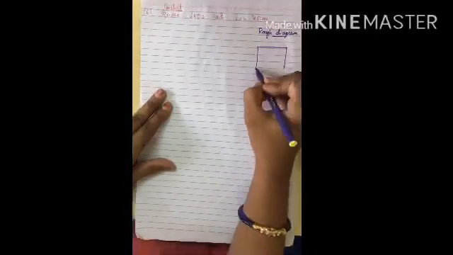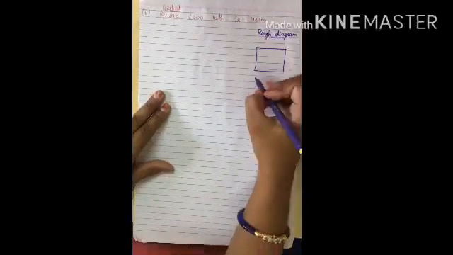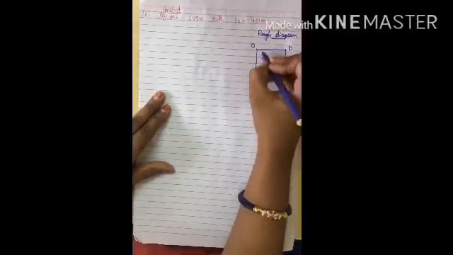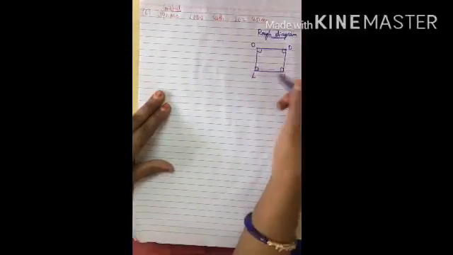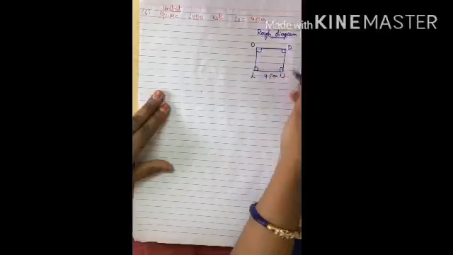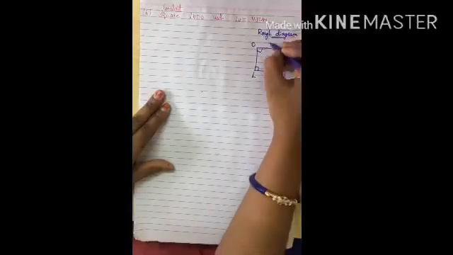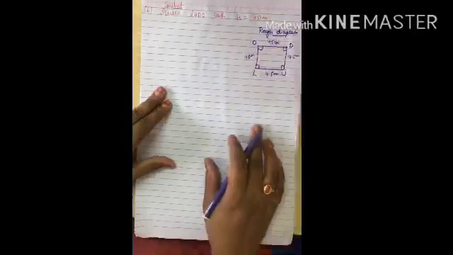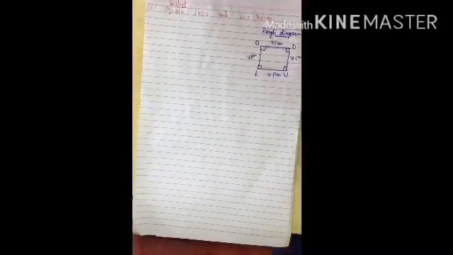You know that in a square, all sides are equal. LUDO. Take all angles as 90, and LU is 4.5 centimeters. If one side is 4.5 centimeters, you take all sides as 4.5 centimeters because in a square all sides are equal.